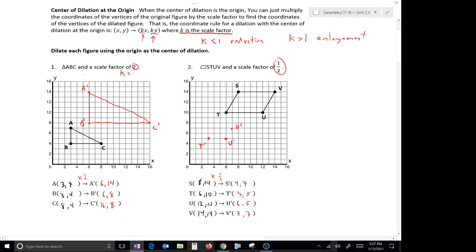And S prime's at 4, 7. And we'll connect the dots. And there is our dilated parallelogram. So that's the key to dilating if our center of dilation is at the origin, which it is for all of these problems.